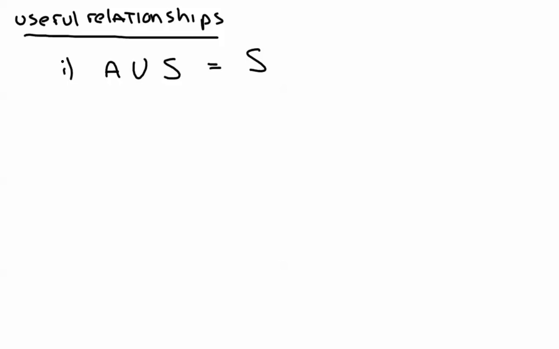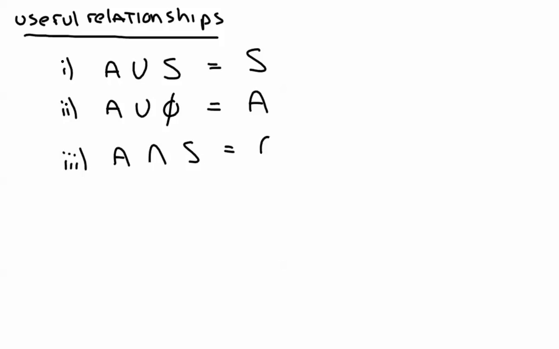So the union of A and S has to equal S. Two, A union the empty set has got to equal A. A union nothing equals A. A intersect the universal set or the sample space has got to equal A. And A intersect the empty set? Absolutely nowhere. So A intersect the empty set equals the empty set.